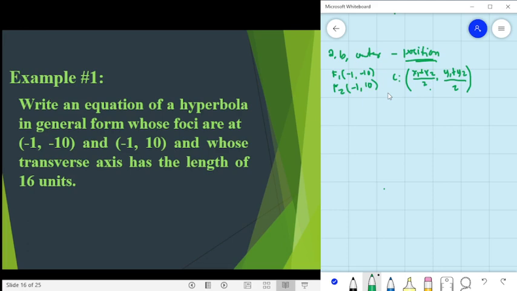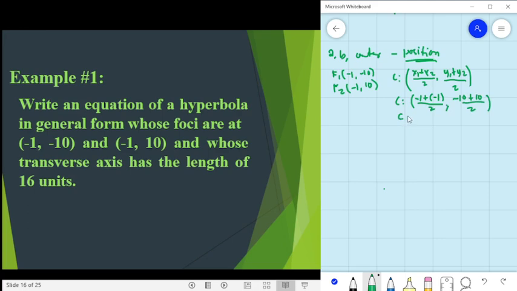Okay. So therefore, substituting x sub 1 and x sub 2, we have negative 1 plus negative 1 all over 2, and then negative 10 plus 10 all over 2.